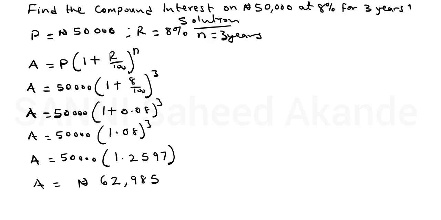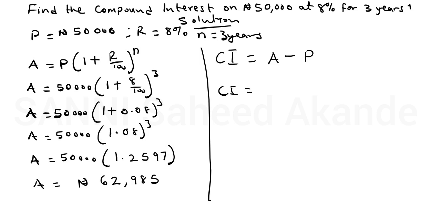Then the compound interest, CI, will be equal to the amount minus the principal. Right, so CI will be equal to the amount we calculated, 62,985 naira, minus the principal, which is equal to 50,000 naira.